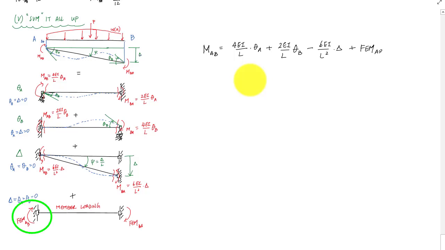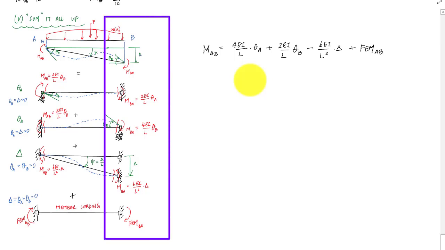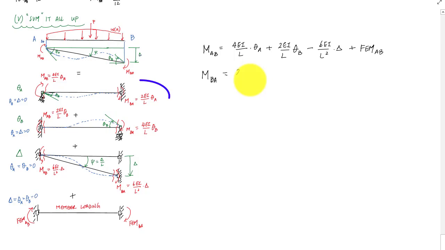plus whatever the fixed end moment is at end AB. And then similarly, adding up for end MBA, this would be 2EI over L theta A plus 4EI over L theta B minus, again minus because this MBA for delta, for this relative displacement, is also going counterclockwise, plus FEM BA.